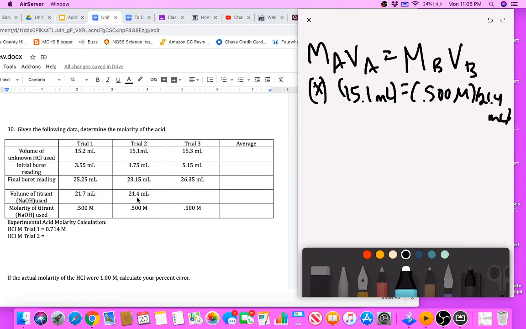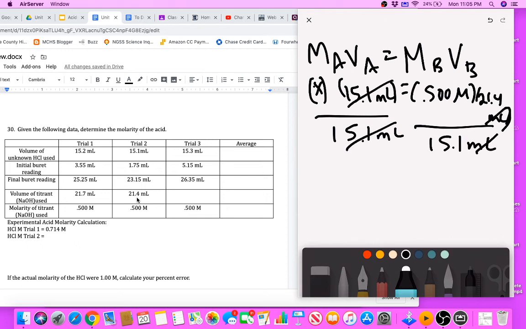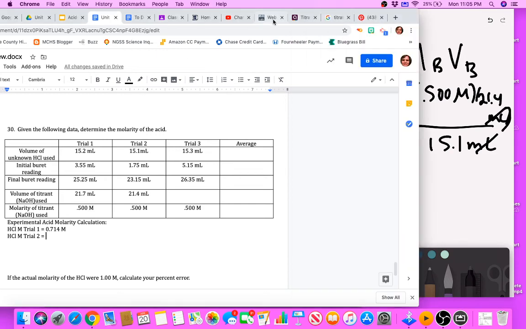Again, to solve for our x, we're going to divide both sides by 15.1 milliliters. Milliliters cancels out, and we're going to do 0.500 times 21.4 divided by 15.1 on our calculator.